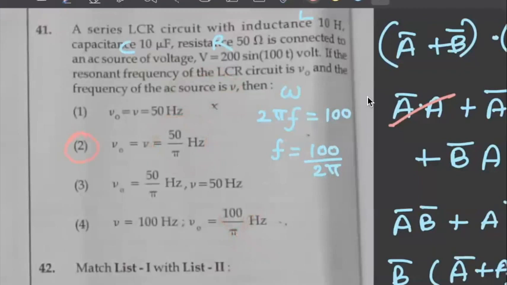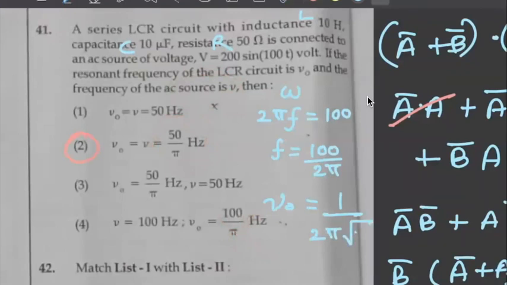Still, you want to verify nu naught, which is the resonant frequency. So that formula is going to be what? Nu naught, or we call it f naught, right? Or whatever you want to call it, is going to be 1 upon 2 pi root LC. Now what is root of LC?